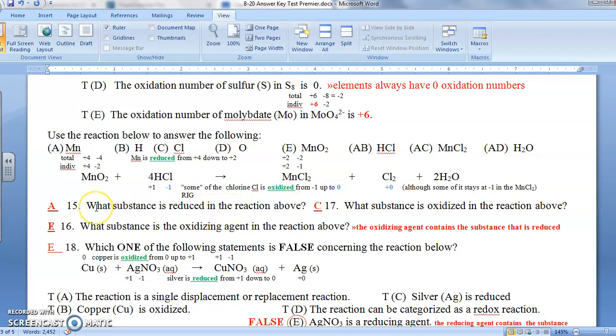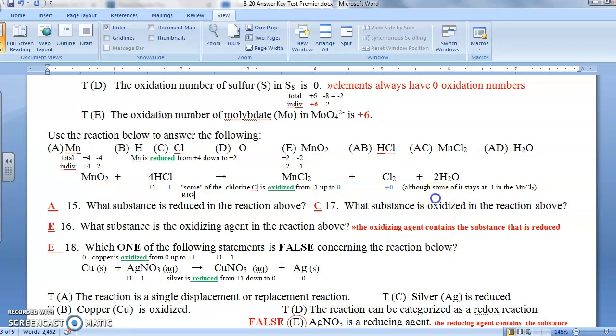In number 15, they're asking who was reduced. It was manganese. What's the substance that contained the manganese? MnO2. Letter E, manganese 4 oxide, sometimes called manganese dioxide, is the oxidizing agent.